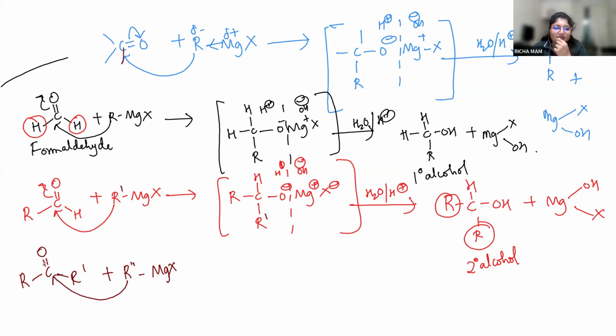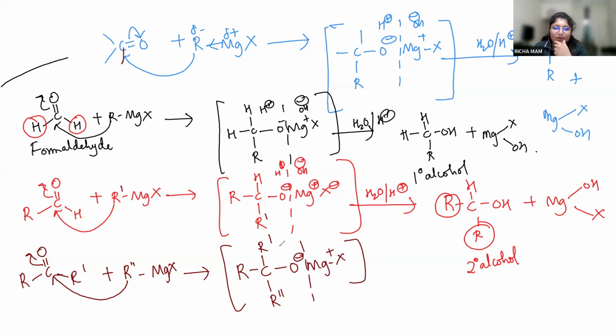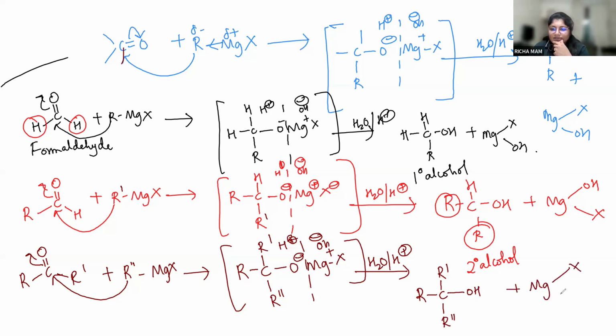So this will polarize, and what I am going to get is R, C, R dash, and R double dash, O minus Mg plus and X. Across this I add H, here I add OH, in the presence of acid hydrolysis. What am I going to get, students? I am going to get a tertiary alcohol.